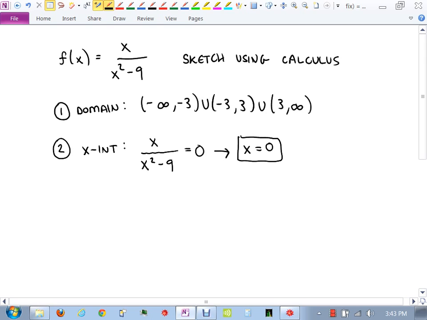That's your x-intercept, right? How do you find y-intercepts for a function? You plug in 0 for x, don't you? You replace x with 0, and you actually get 0 again. So the x and y-intercept are actually the same point, aren't they? It's the origin.